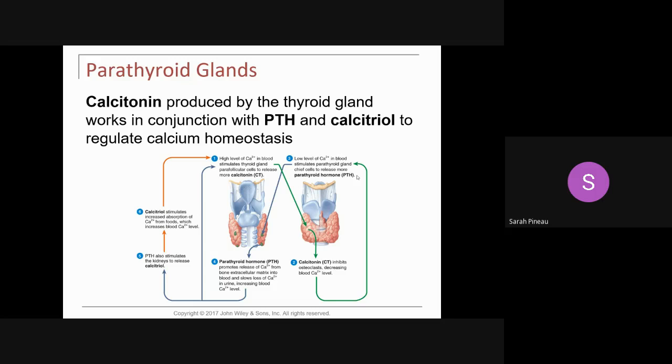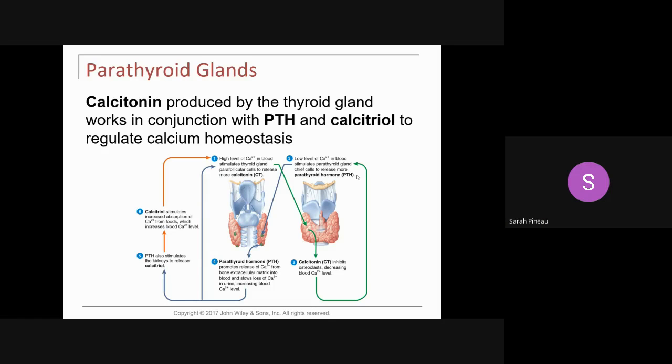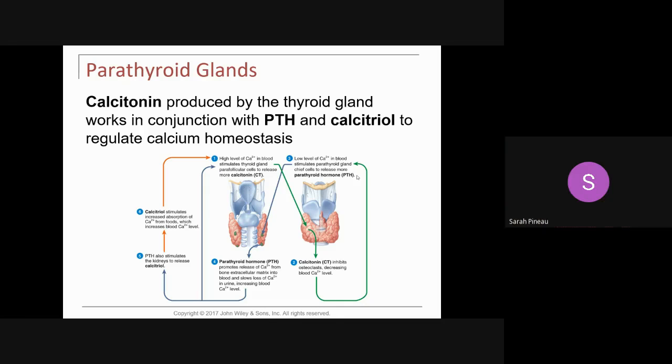Red blood cell? No. You got three choices: blast, cytes, or osteoclast. Can you repeat the question? Which cell in bone does parathyroid hormone stimulate to increase serum calcium? The osteoblasts?